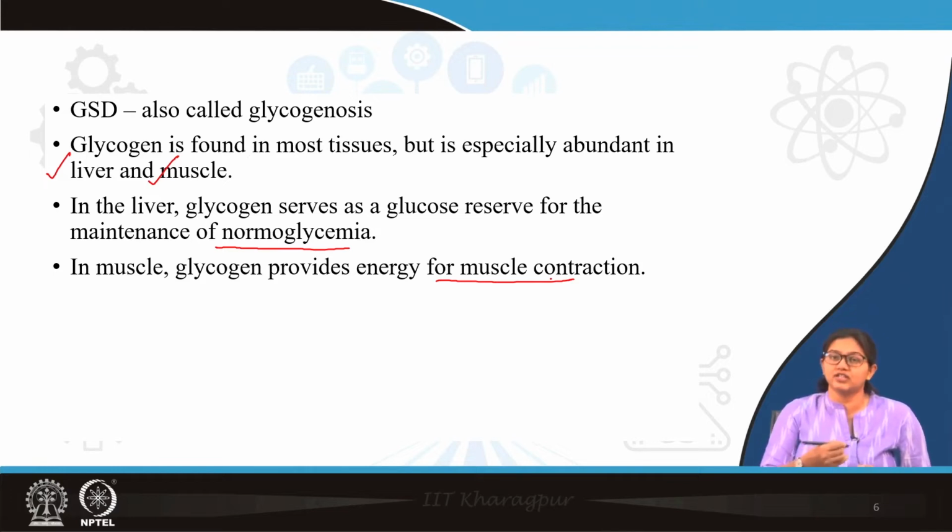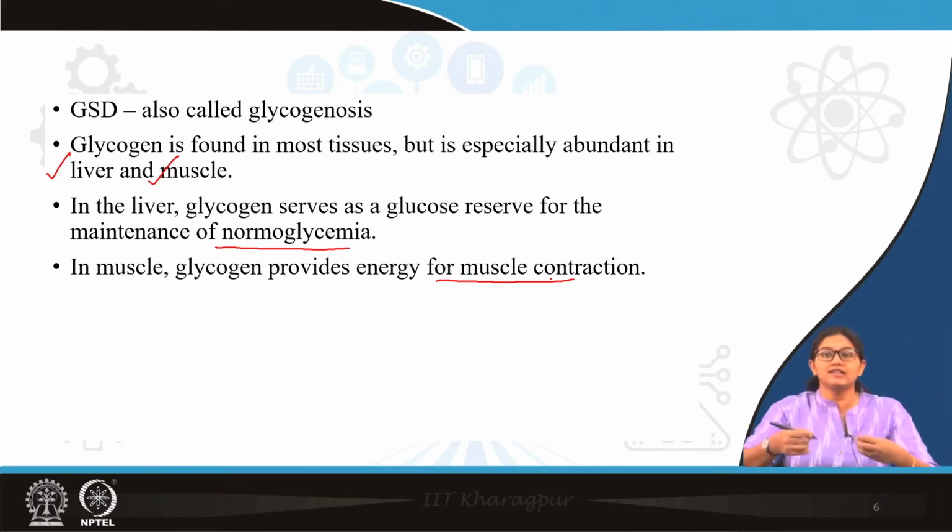Most importantly, easy fatigability: the patients suffering from a glycogen storage disorder where muscle is affected are easily fatigued. Then when the liver is affected, what will happen? Firstly, the glycogen stored in the liver will accumulate. If the breakdown is not happening properly, definitely glycogen will accumulate, which will give rise to hepatomegaly. Hepatomegaly is basically an increase in the size of the liver.